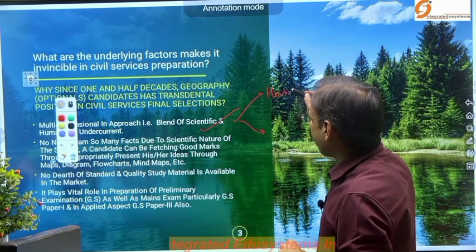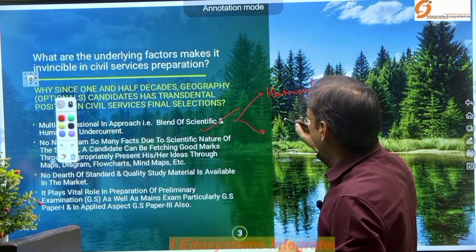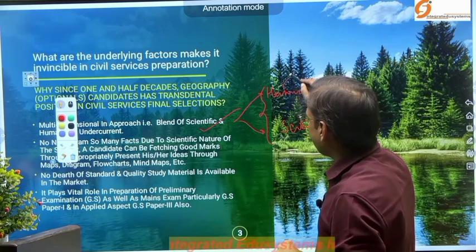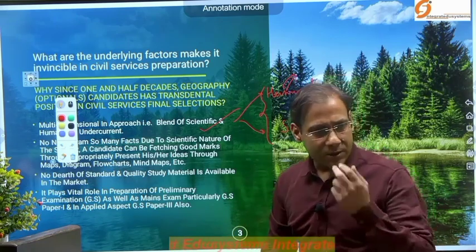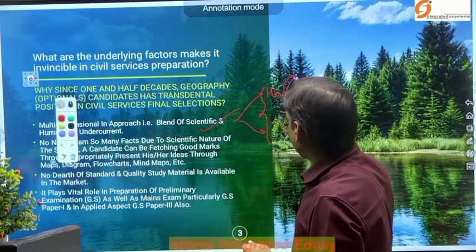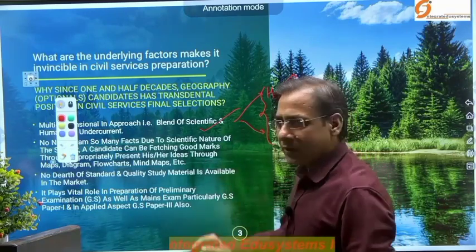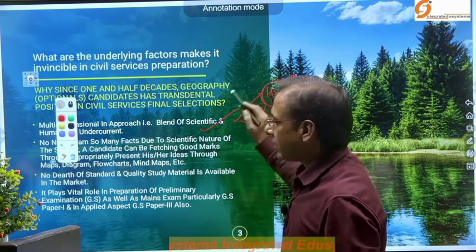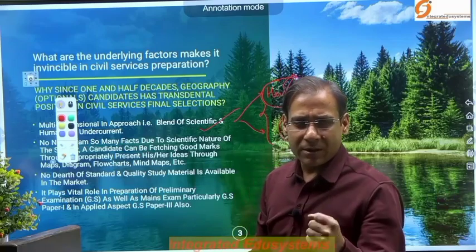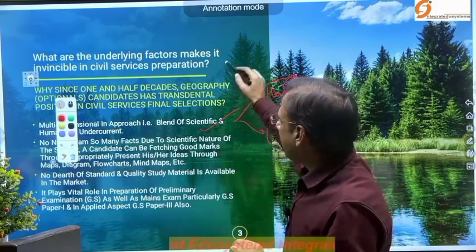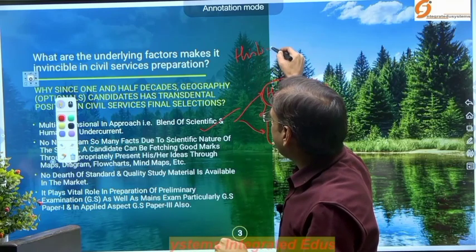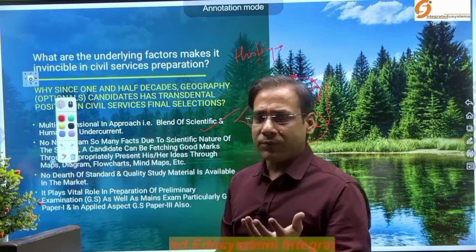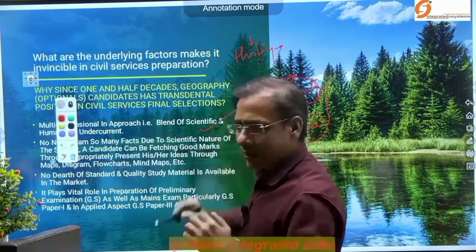there is a blend of humanity as well as science, because geography is a multidisciplinary subject. So it suits students having a science background as well as students having humanities. That's why candidates are attracted more to this subject. When you compare it with history, history is purely subjective, having a complete blend of humanity.